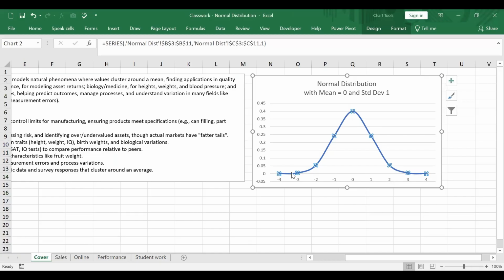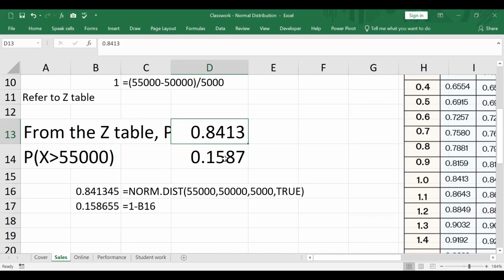And for that, you remember, the total area under the curve is equal to 1. So if you want to know how much is on the right side of this, that will be equal to 1 minus 0.8413. So probability of x being greater than 55,000 is 0.1587, that is 15.87%.